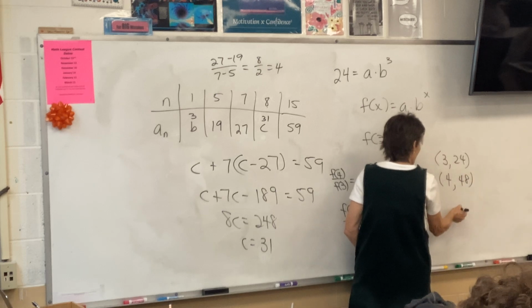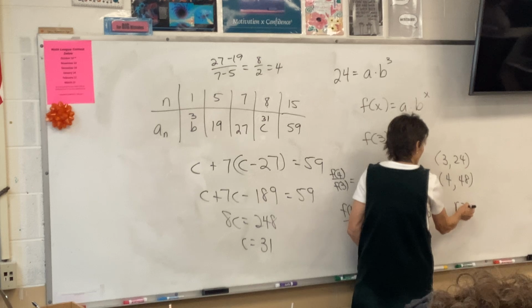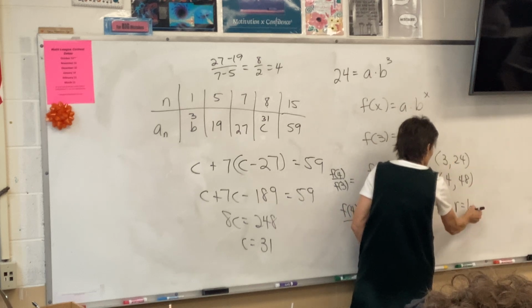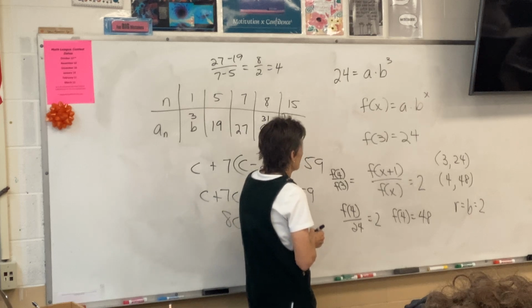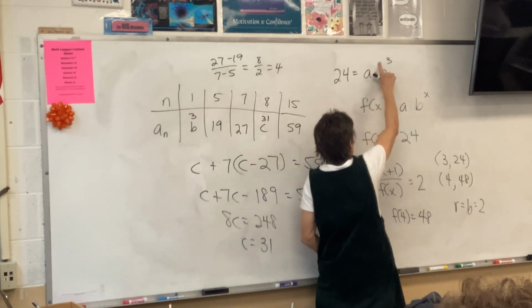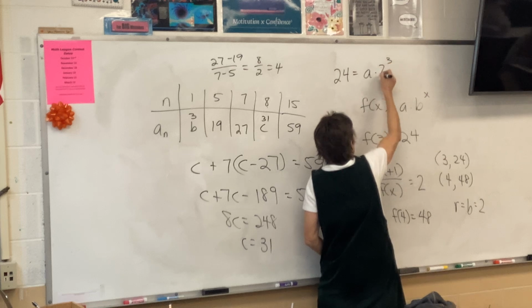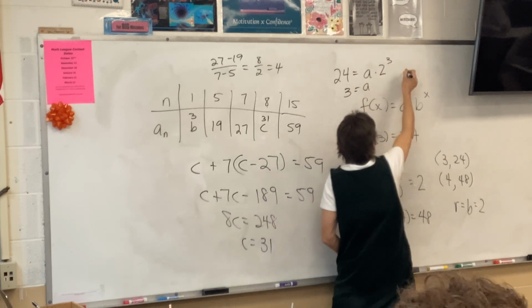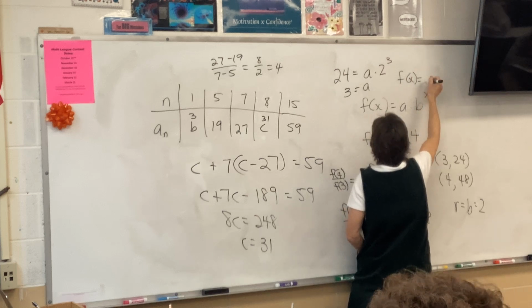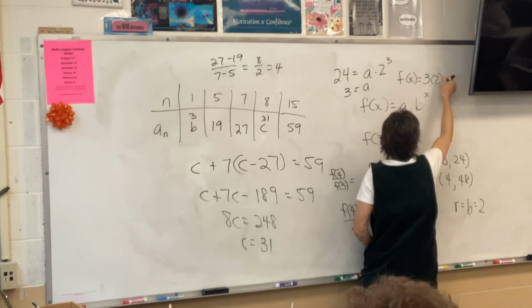So therefore I know my ratio, or my b, is 2. And then I solved that out to find a, which has to be 3. So you said your function is 3 times 2 to the x?